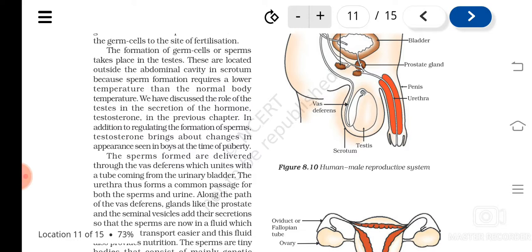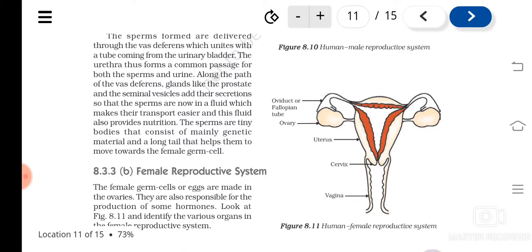Then, as the sperms come down, they also receive secretions from various glands like the prostate gland and the seminal vesicles.